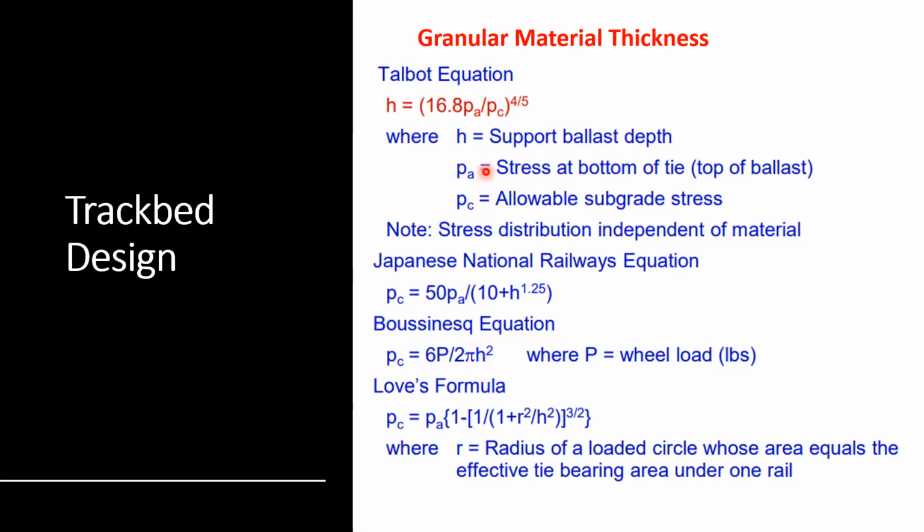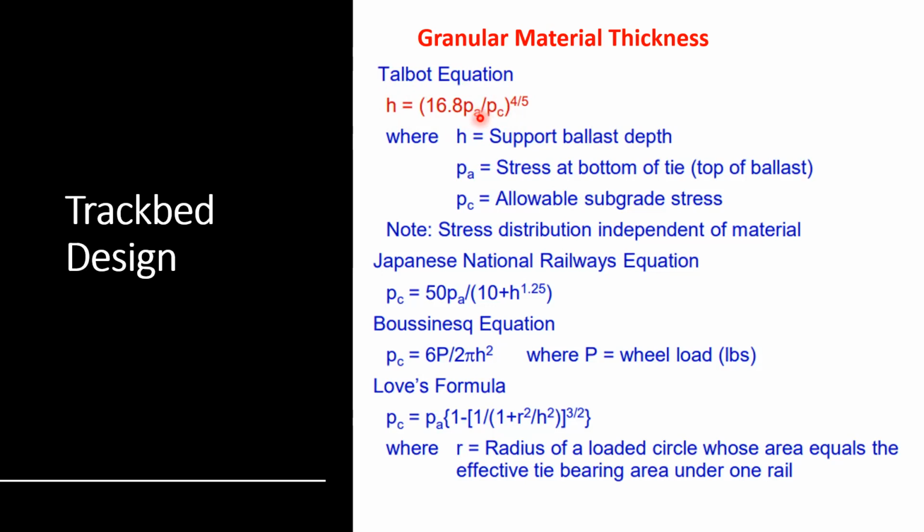One common method that's used, at least within North America, would be the Talbot equation, and in this equation you have stress at the bottom of the tie, and you have the allowable subgrade stress. So this is your bearing capacity right there. You're going to be aware of the soil conditions, and what sort of strength you're expecting from your subgrade to be able to support the ballast.